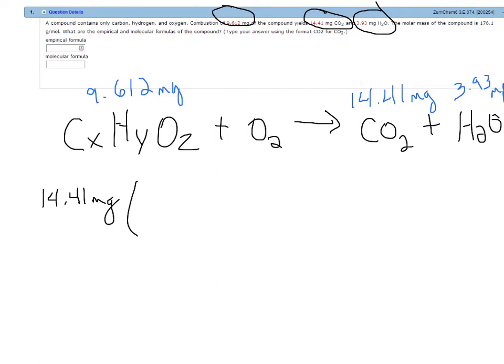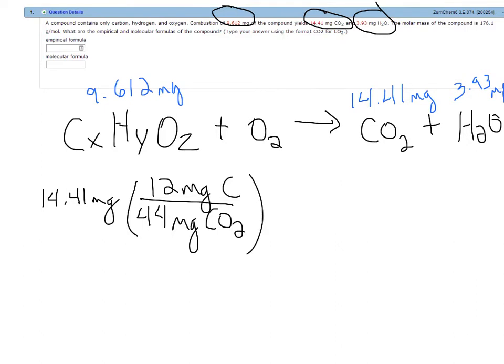If you find the molar mass of carbon dioxide, you add the atomic weight of oxygen times 2, so 16 plus another 16. Carbon's atomic weight is 12. That all adds up to 44. So for every 44 milligrams of carbon dioxide, we have 12 milligrams of carbon.